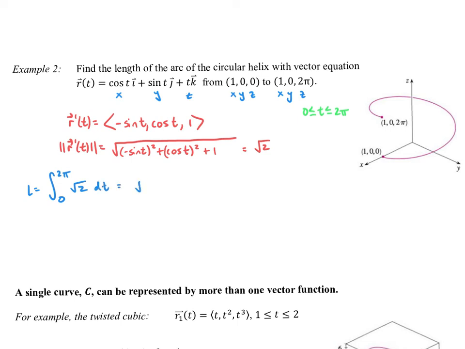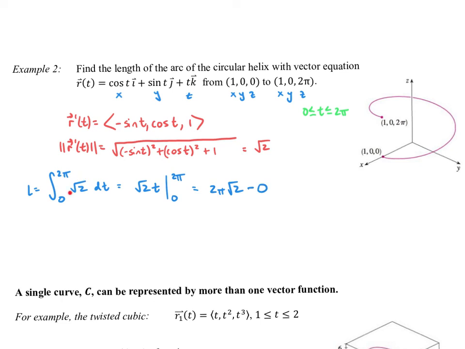So the antiderivative, now again, when you have a constant, if you think back to when we did integrals, we could do the antiderivative and get square root of 2 times t, and then go from 0 to 2π, and we would get 2π root 2 minus 0. But really, again, you want to think about how to save yourself a little bit of time.